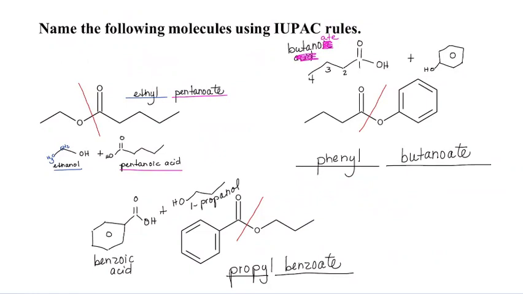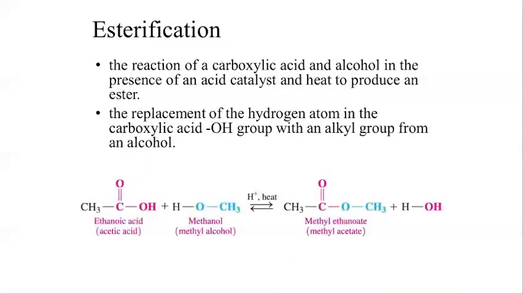Let's now look at the esterification reaction, which we have already alluded to because we utilized it in order to name esters. Whenever we're synthesizing esters, this is done through an esterification reaction.